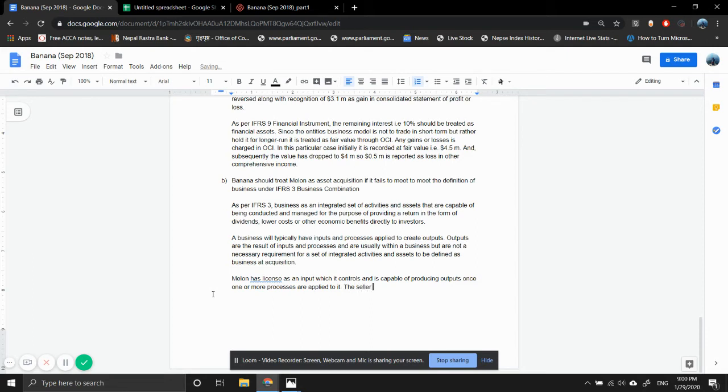The seller does not have to be operating the activities as a business for the acquisition to be classified as a business.